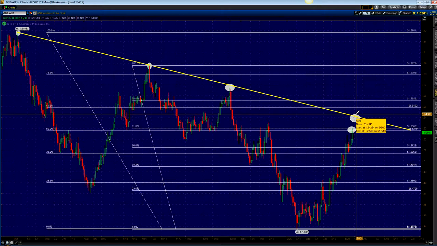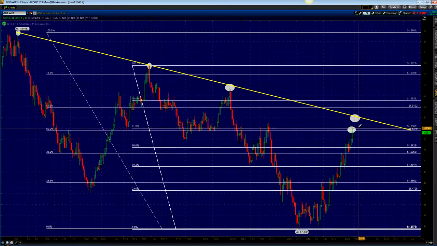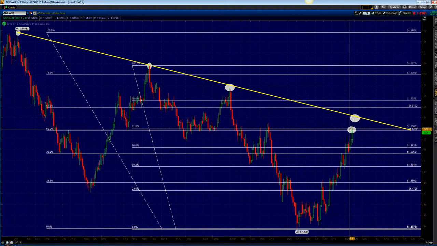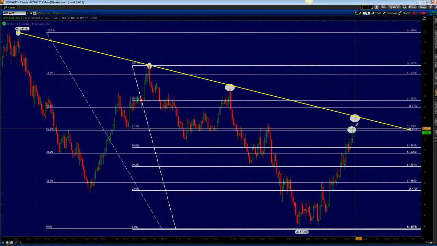I also expect, considering the change of leadership coming to the Bank of England, with Mark Carney taking over this summer, I would be surprised to see them make any sort of dramatic moves ahead of that change in leadership. So I would expect the pound to rally slightly on the news that there is no change, just taking out a few of the people who are betting on a surprise increase in the quantitative easing program, which also may be enough to complete the move back up towards 154.